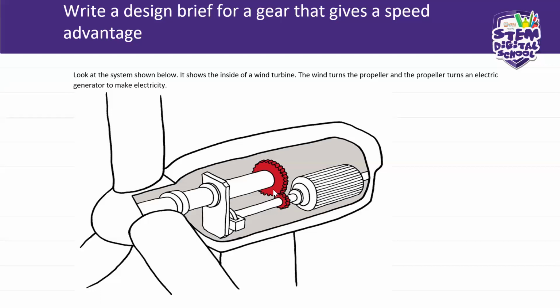okay? So you see the difference now between the mechanical advantage of the winch and the speed advantage of the propeller.